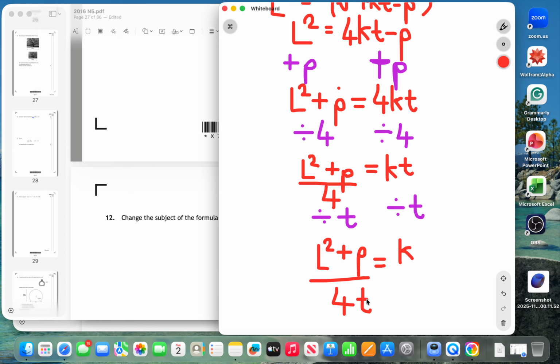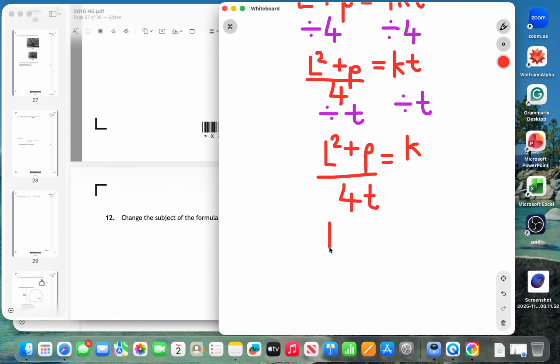Or if you wanted, we can write k on the left hand side by convention. So that is k equals L squared plus p over 4t.